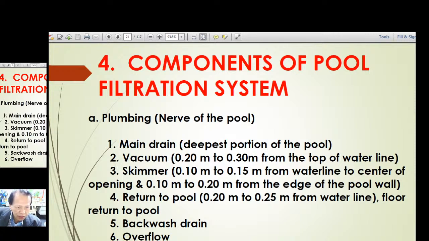And number 3 is the skimmer, which is 0.1 meter to 0.15 meters from the water line to center of opening, and 0.2 meter from the edge of the pool wall. Number 4, return to pool, 0.2 meter to 0.25 meter from the water line. Floor return to pool. Then number 5 is the backwash drain, and number 6 is the overflow.